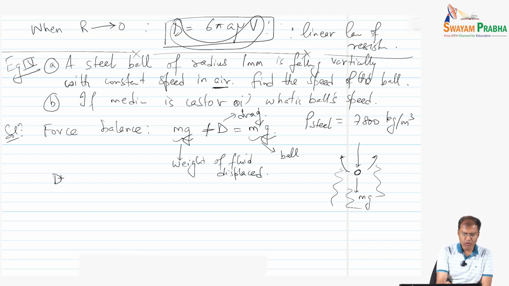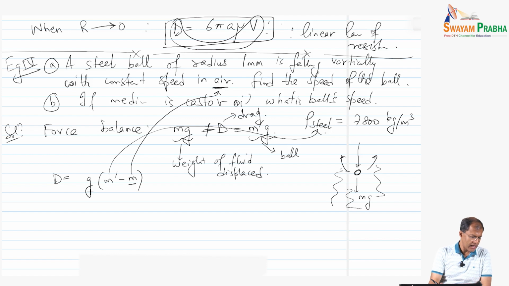So my drag force, which I want to find, is going to be g times m prime minus m, where m prime is the mass of the ball, which depends on the density of the steel, and m is the mass of the fluid in which it is moving, which depends on the density of air, right? So from here I can directly write it down.